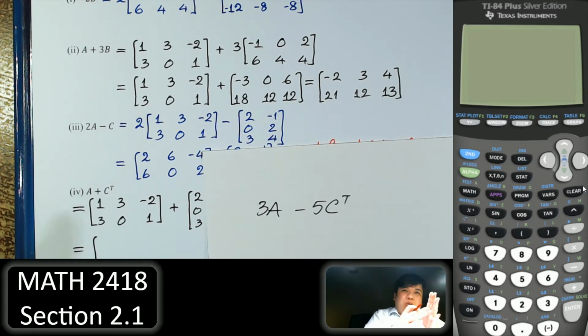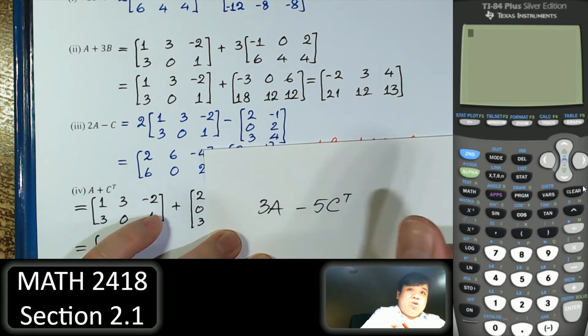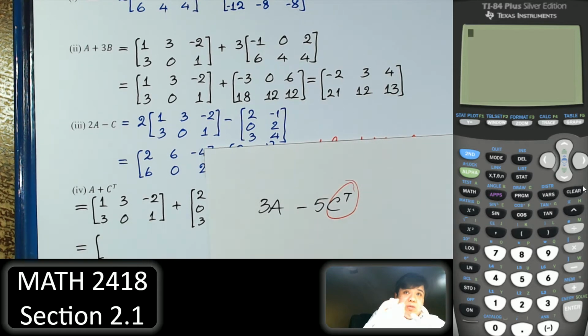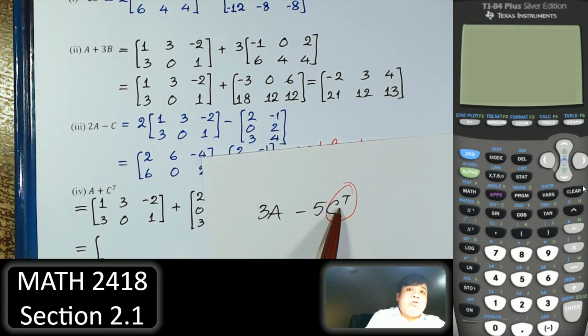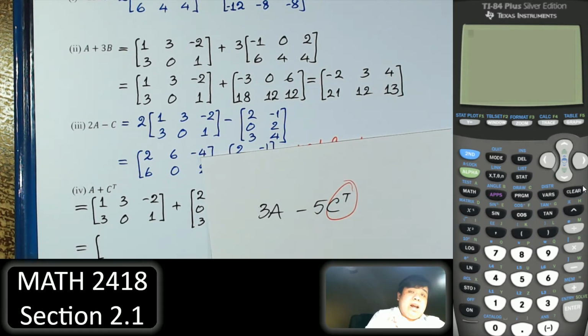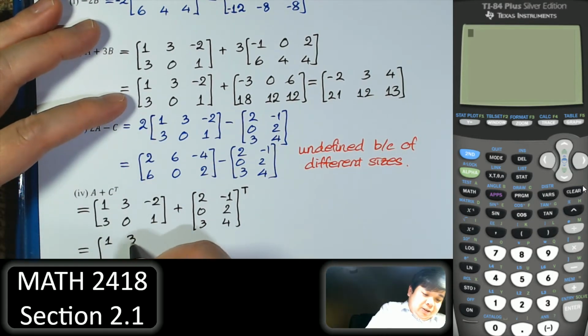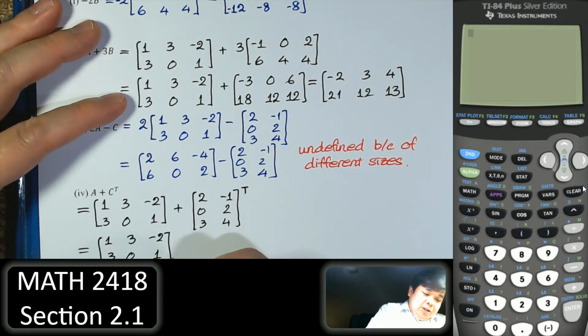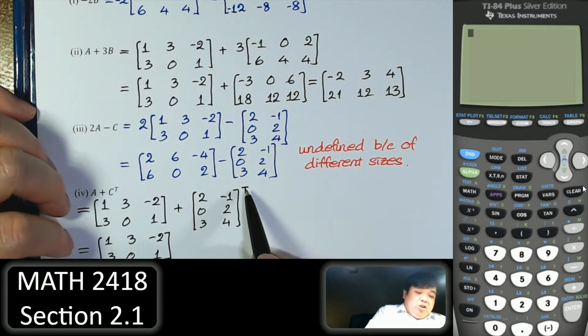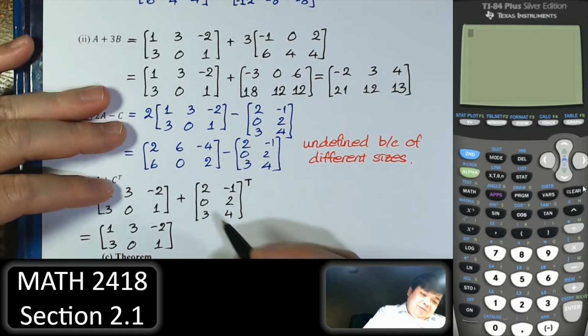Multiply first, then add or subtract. Actually, the transpose is even before that, so we take care of the transpose first, and then we multiply, and then add or subtract. We can treat it almost like a power.